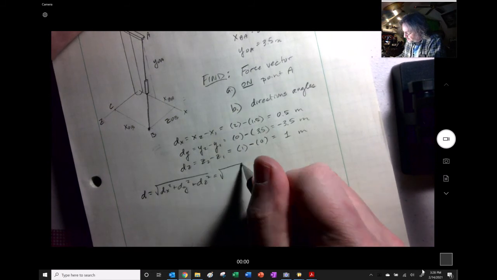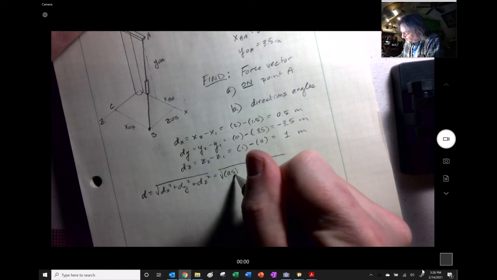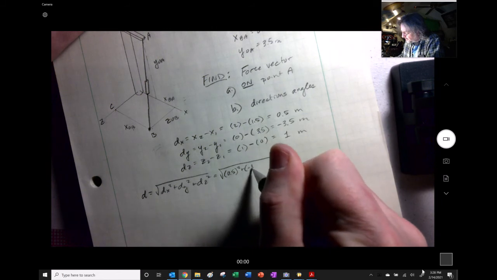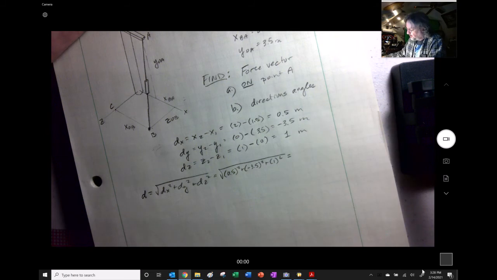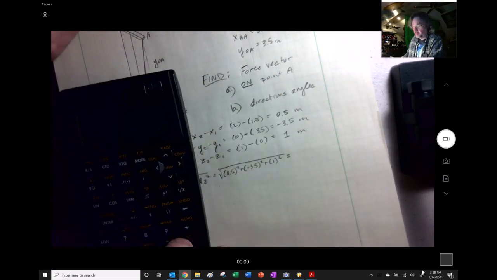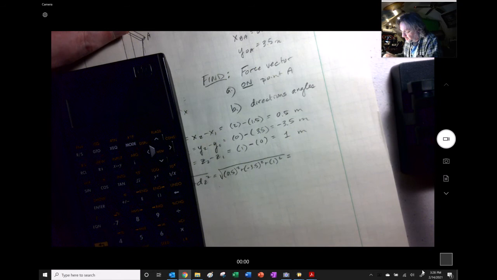So the square root of 0.5 squared plus negative 3.5 squared plus 1 squared.